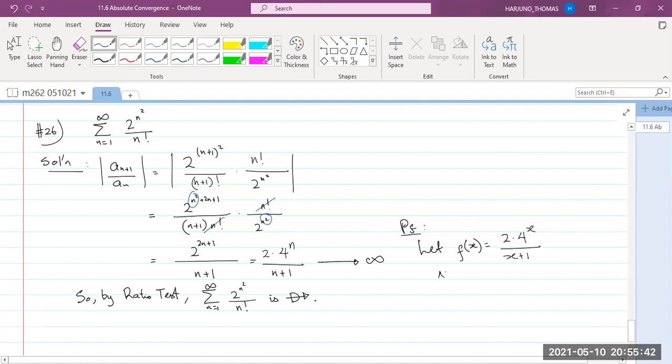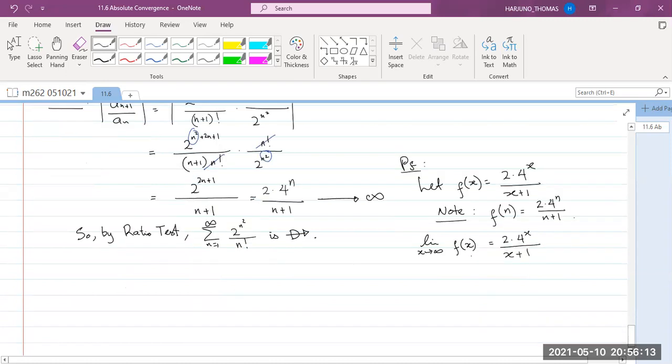Note that this is the continuous counterpart function for this sequence. What is the reason I want to use a continuous function? That's because I need to use L'Hopital's rule, but to use L'Hopital's rule, I cannot just do it from the sequence. I need to do that from the continuous function.